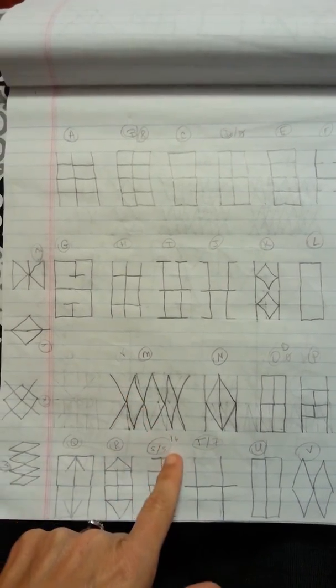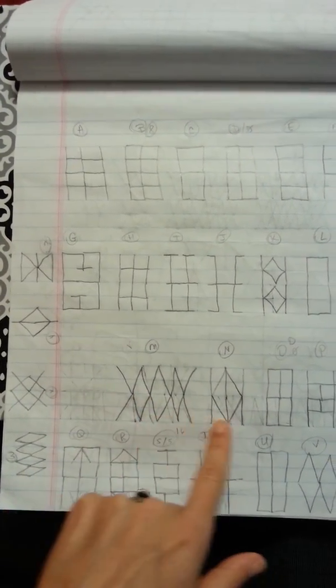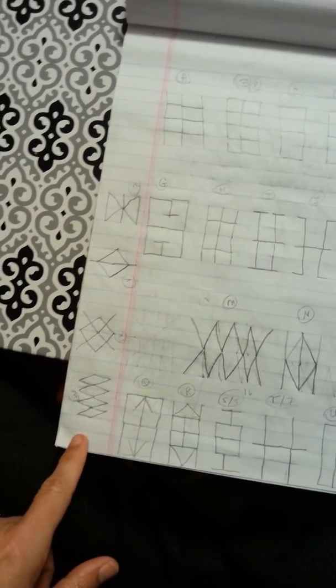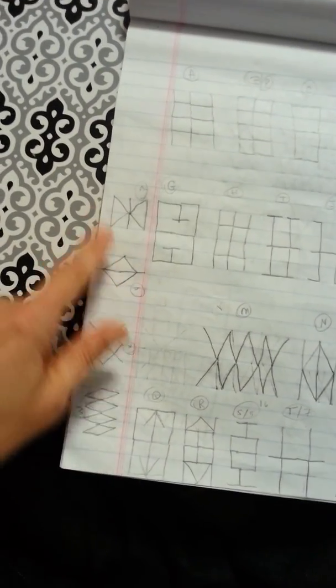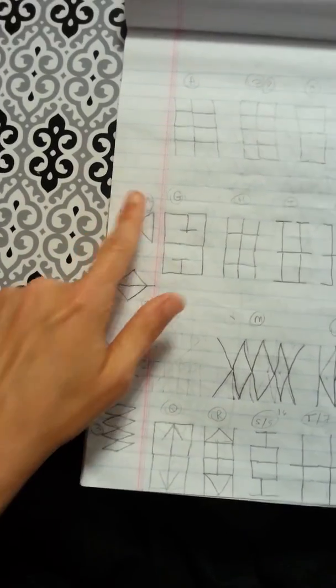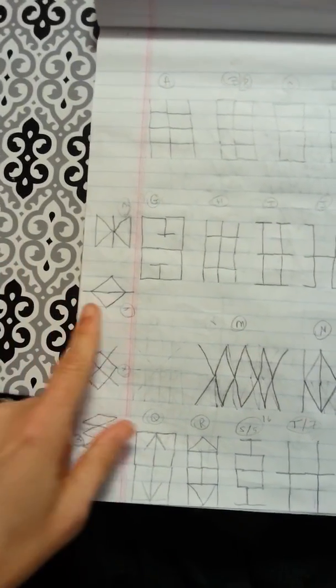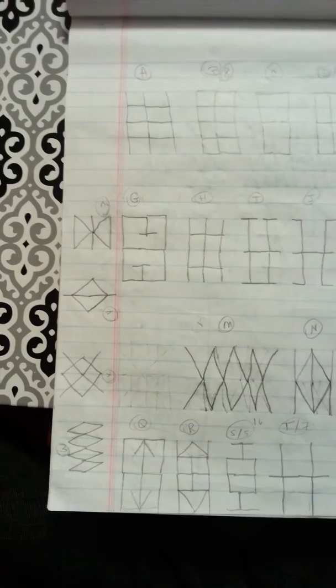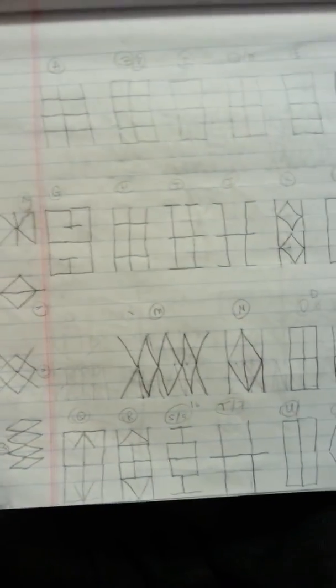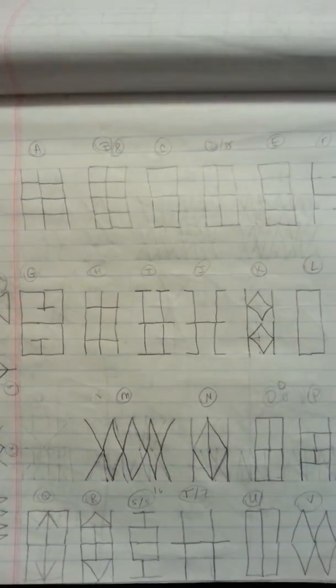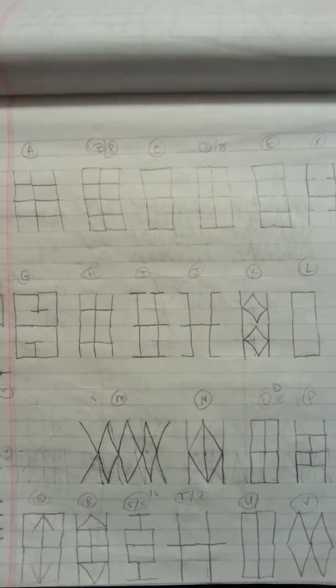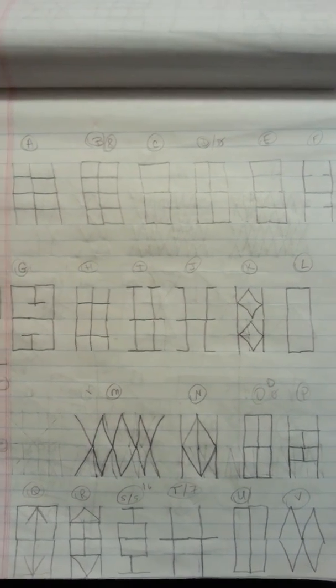This is the M, and then you have the N, so forth, and then you have W, X, Y, and Z, which Z is very interesting to me, and so is the Y. They're all interesting because they're so symmetrical. Every last one of them is symmetrical, and the symmetry within our eyes is just so pleasing.